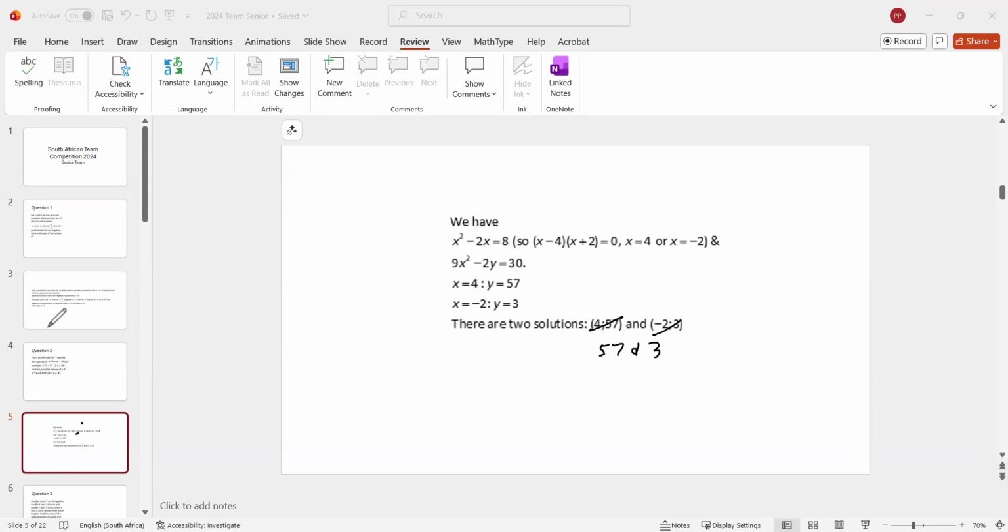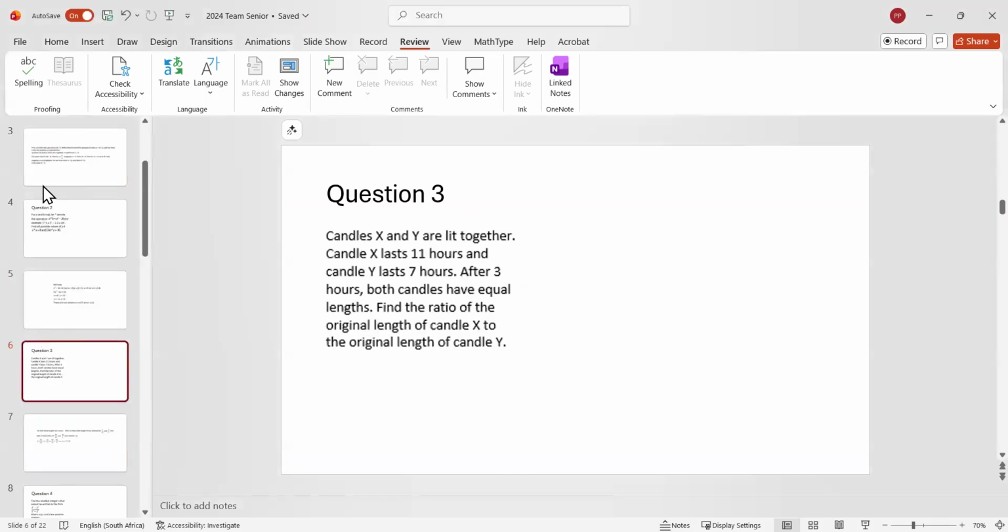All right, let's go on to the next question, which is question 3. Question 3 says the following: candles X and Y are lit together.